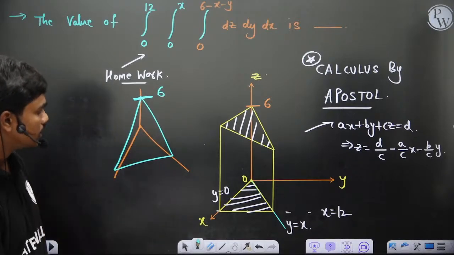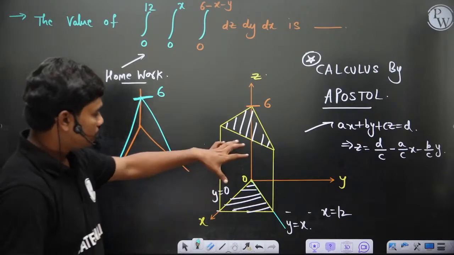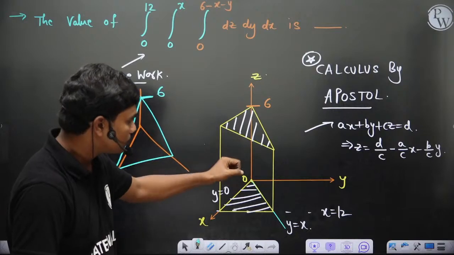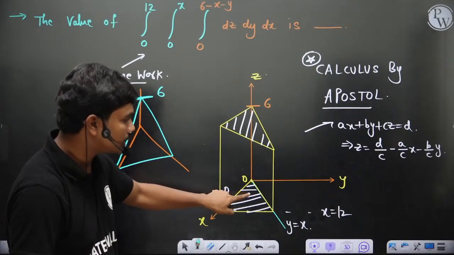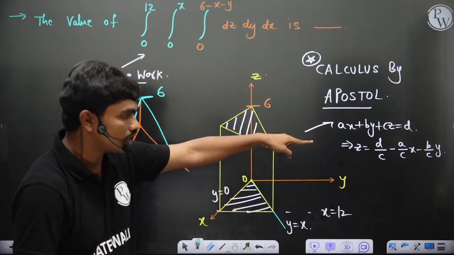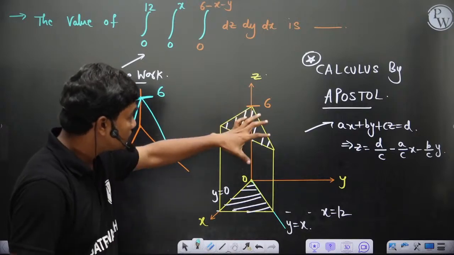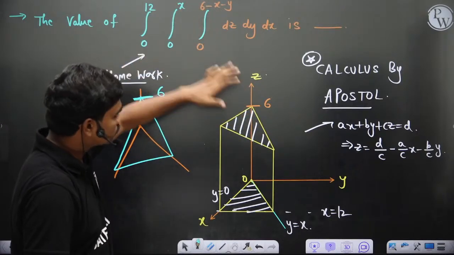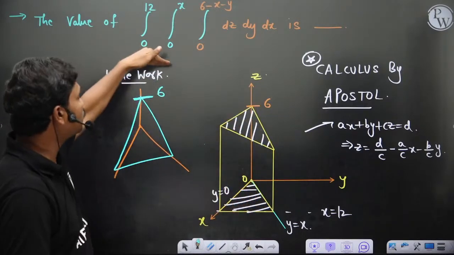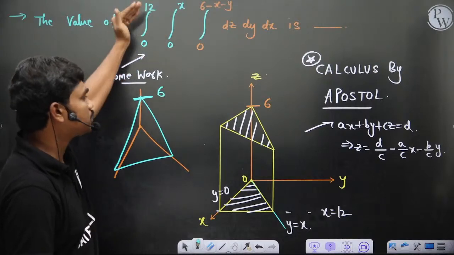If you draw a prism such that it always has the bottom face z equal to 0 and the top face bounded by that value of z, and you write the integral limits and project onto the xy plane, the limits of y will be 0 to x and x limits would be 0 to 12.